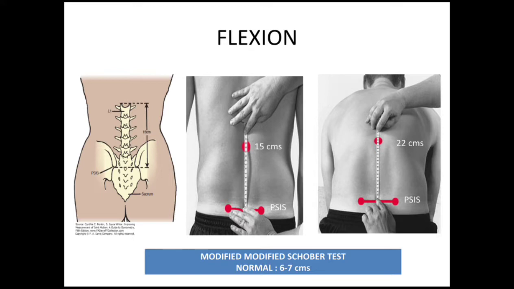The normal distraction should be around 6 to 7 centimeters. If the difference of measurements is less than 6 centimeters, that is considered to be a limited range of motion of the lumbar flexion. So this method is known as the modified Schober test, and we can measure it with the help of a measuring tape.